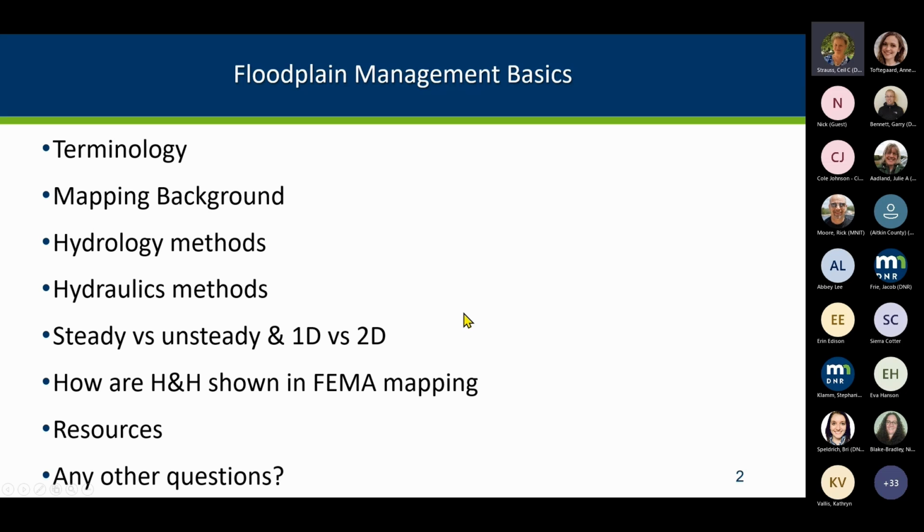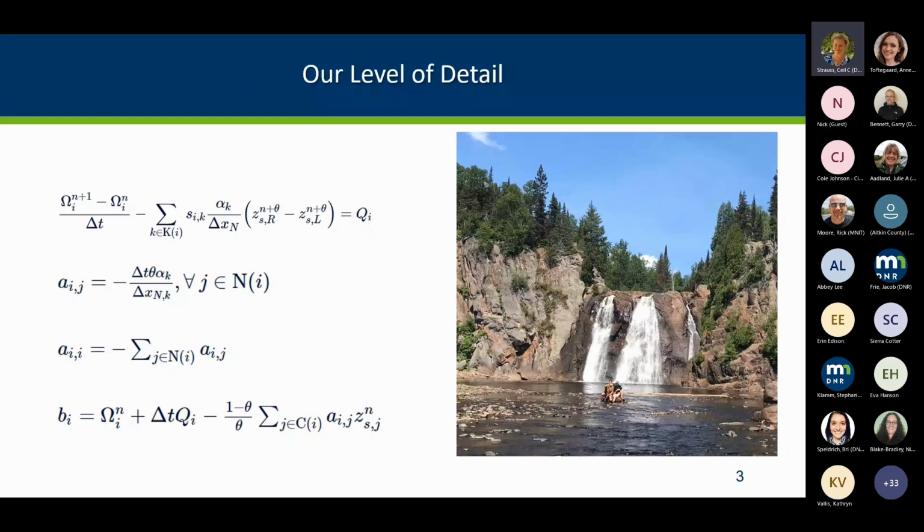So our level of detail for this presentation today is going to be somewhere between these 2 levels of detail. On the left, you can see this nice complicated equation that's part of the background for one of the modeling techniques that we use frequently. We're not going to get into a lot of math and formulas like you might if you were taking an engineering class on these topics.